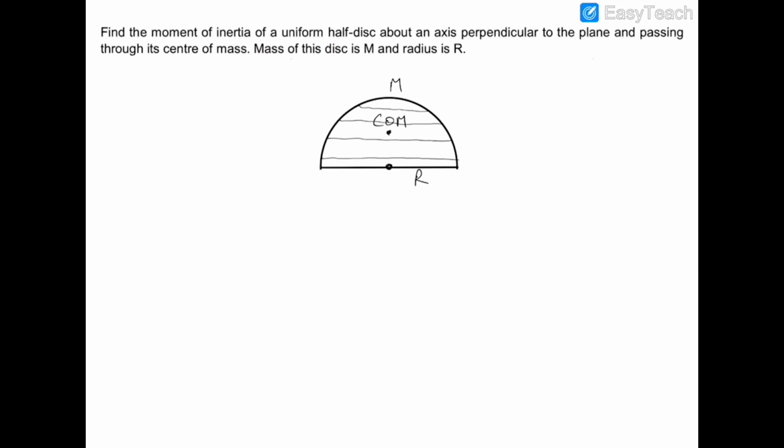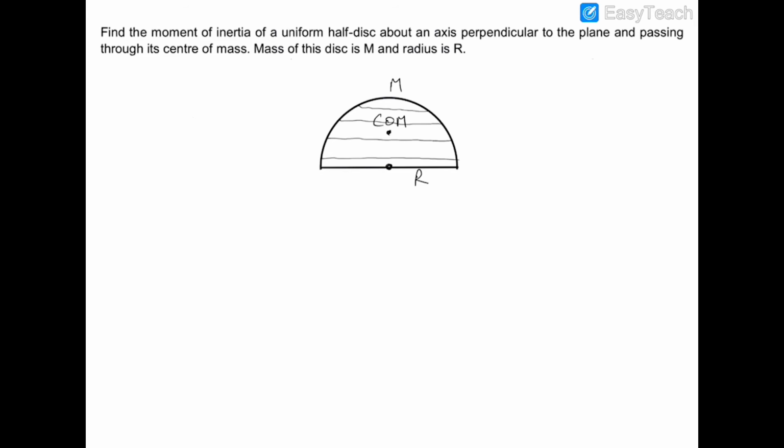In this question, we have to find out the moment of inertia of a uniform half disk about an axis which is perpendicular to the plane of the disk, and this axis is also passing through the center of mass of the disk. The mass of the half disk is given as m and its radius is given as r.